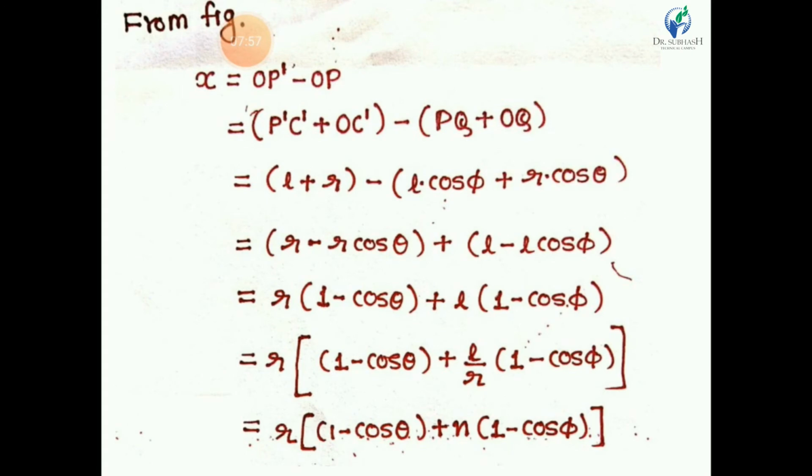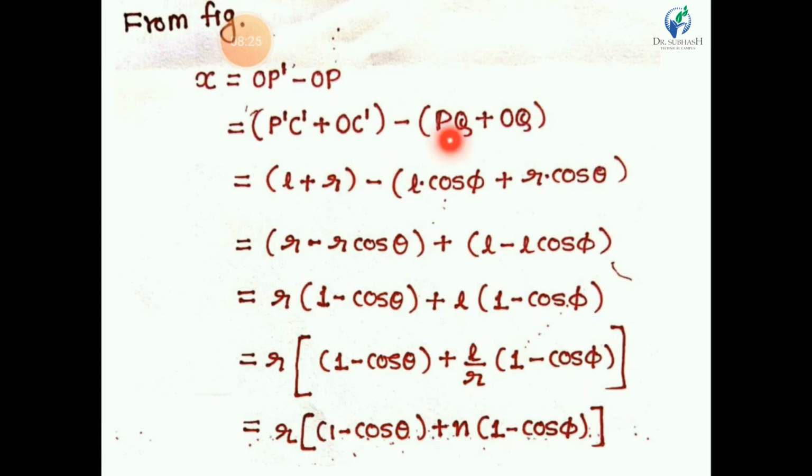We know that PC or P dash C dash is the length of connecting rod, equal to L. OC is the radius of crank, so OC dash will also be the radius of crank. So here we get, in bracket, L plus R minus.